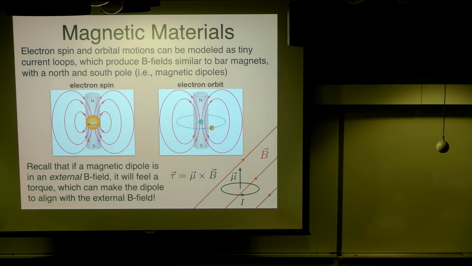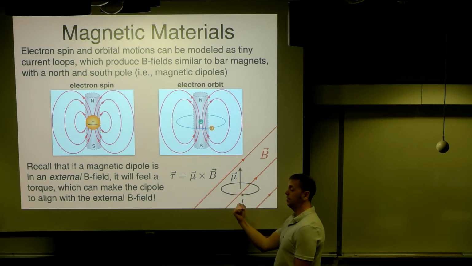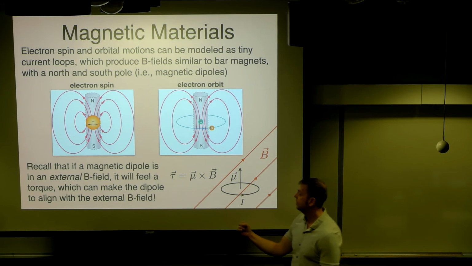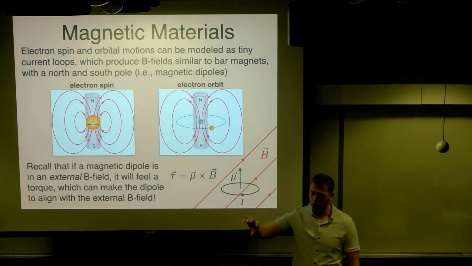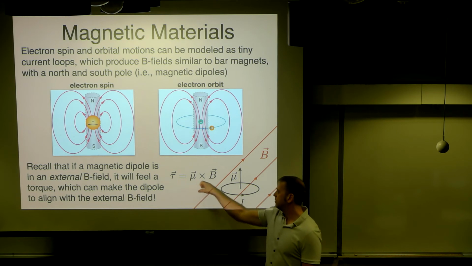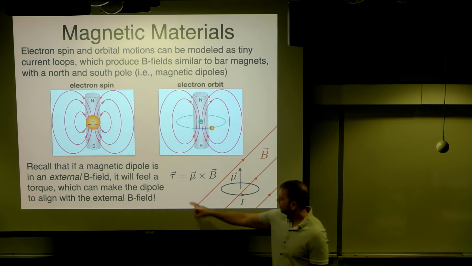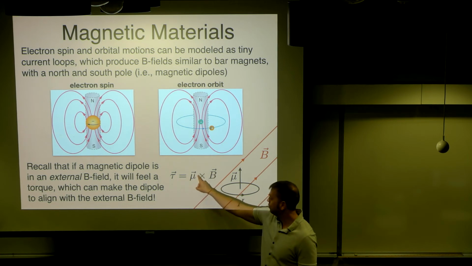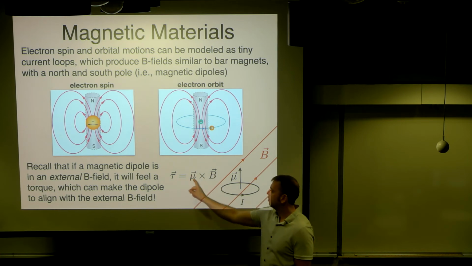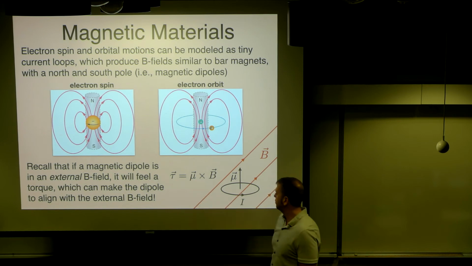I also want you to remember this. If you have a magnetic dipole, like a loop of current, that's inside a B field, within an external B field, it feels a torque, right? There's a torque that's going to be acting on it, given by this formula right here. The torque is equal to mu cross B. This is what we call our dipole moment. It's a vector.